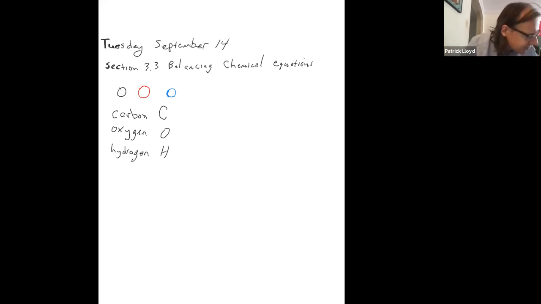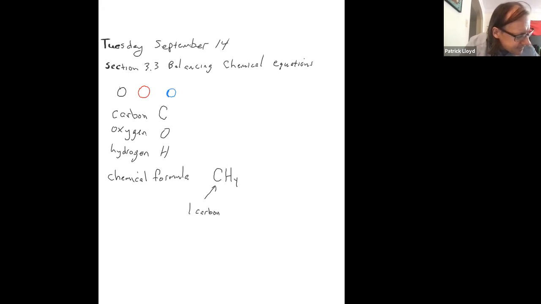And so if we have a chemical formula, so this is called a chemical formula here, for example, if I have CH4, what this represents is 1 carbon atom and 4 hydrogen atoms.